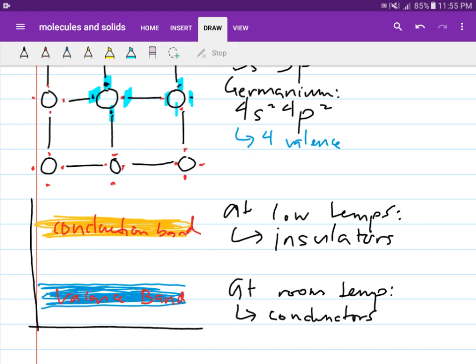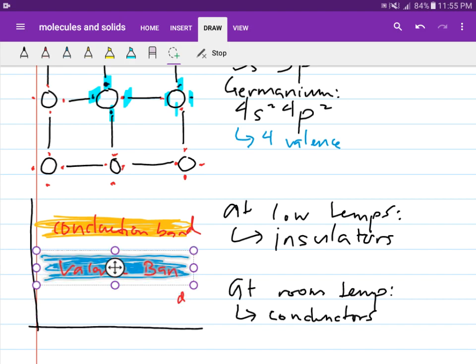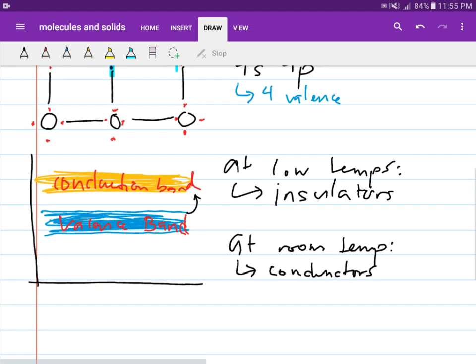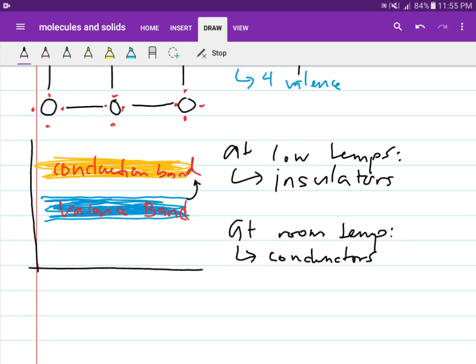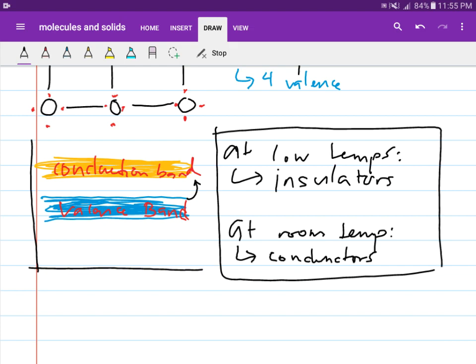What happens is that their valence bands are shifted up, so that some electrons are able to participate in conduction. That's why at two different temperatures, they can behave as conductors and insulators.